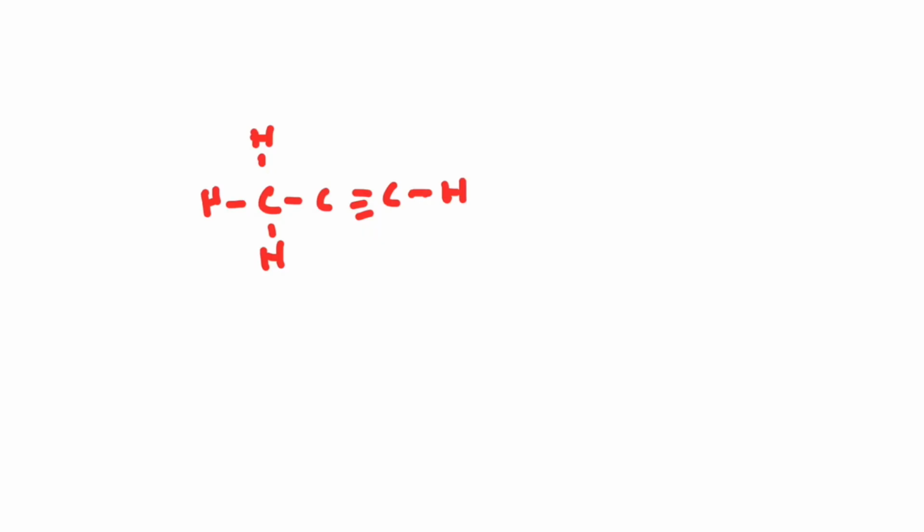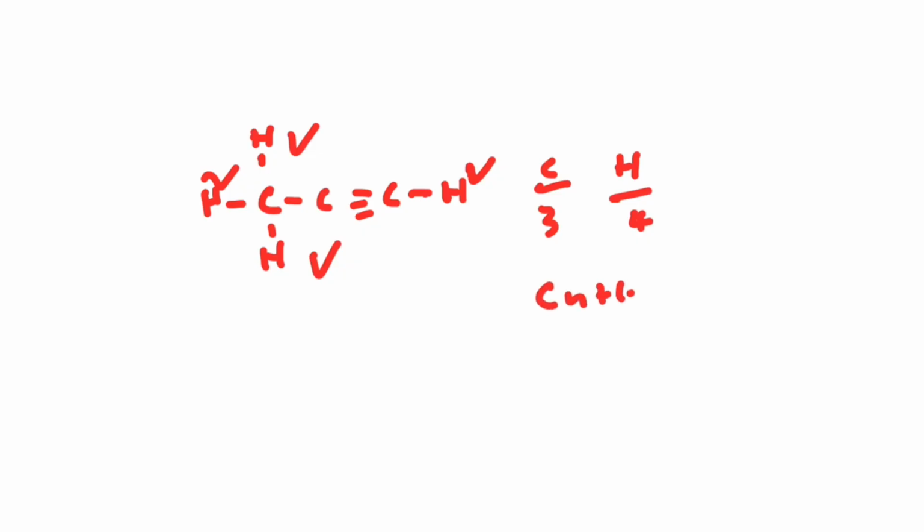This is correct. So the general formula, let's take a look. We know that it is supposed to be CnH2n-2. Okay, how many carbons do we have? We have 3. How many hydrogens do we have? 1, 2, 3, 4. We have 4. Is it CnH2n-2 indeed?